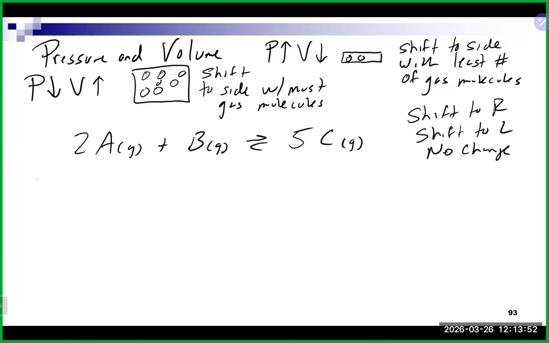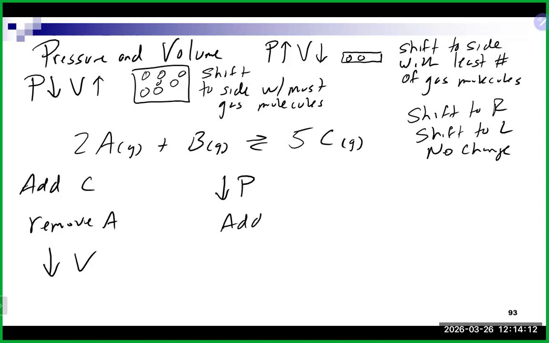If I do the following, let's say I add some C, I remove A, I decrease the volume, I decrease the pressure, I add B. All right, so take a moment there for each of those. Which way should this reaction shift as a result of doing each of these things?